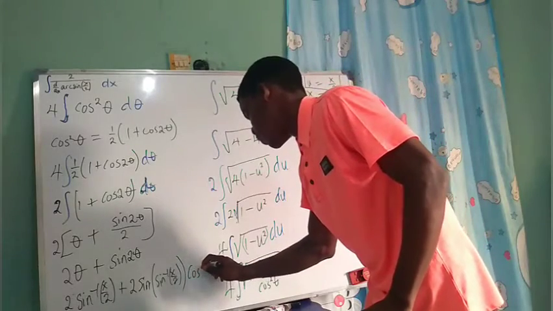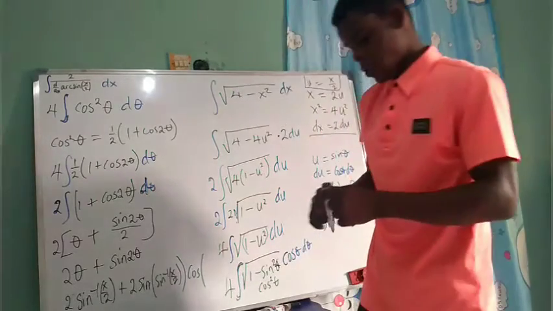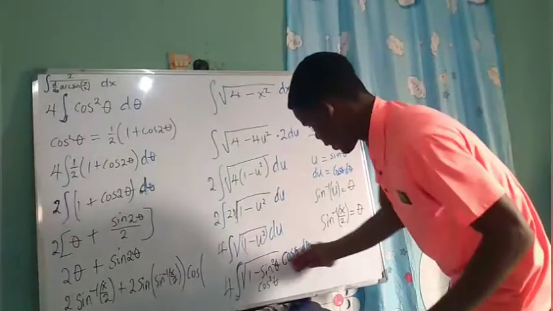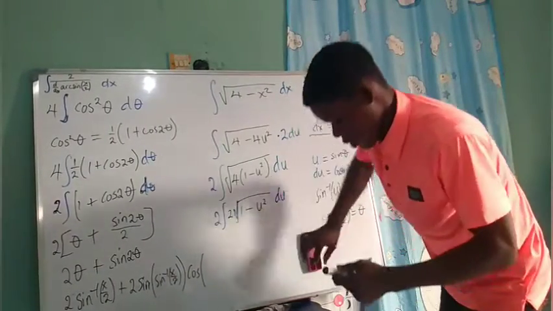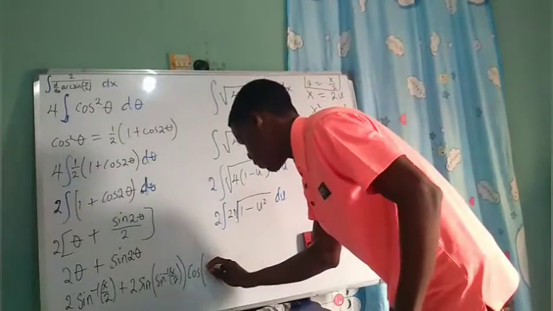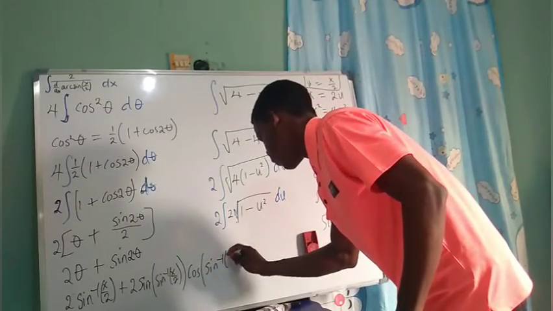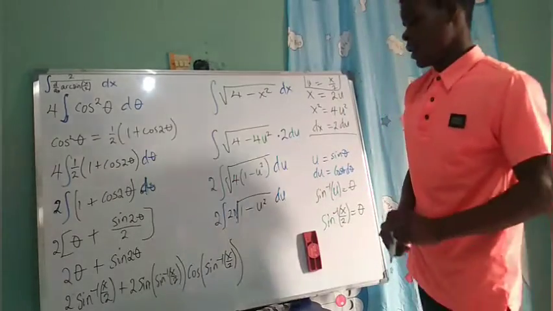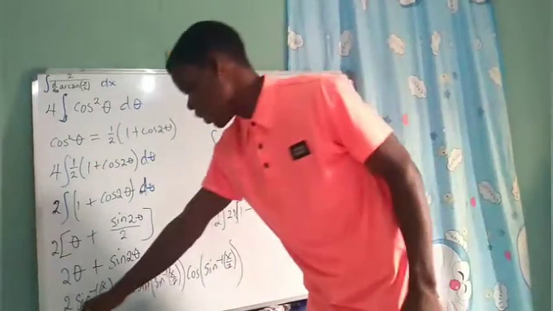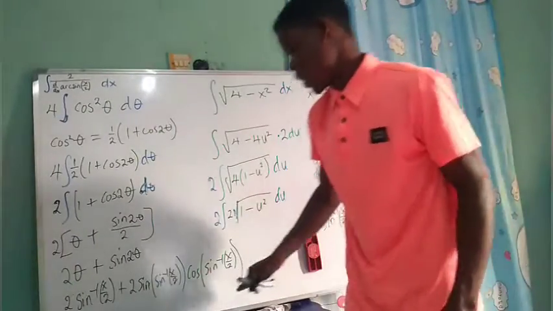Cosine theta is sine inverse of x over 2. So let me bring this line for us. So theta is just sine inverse of x over 2, like that. And now we have this, and we have this.